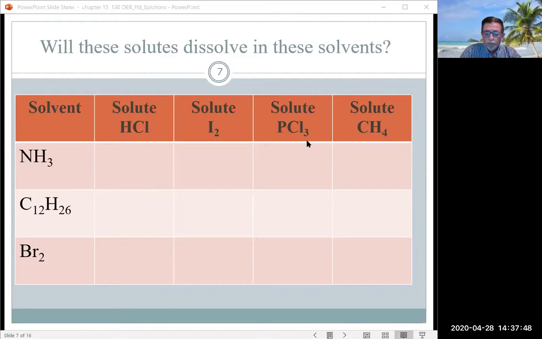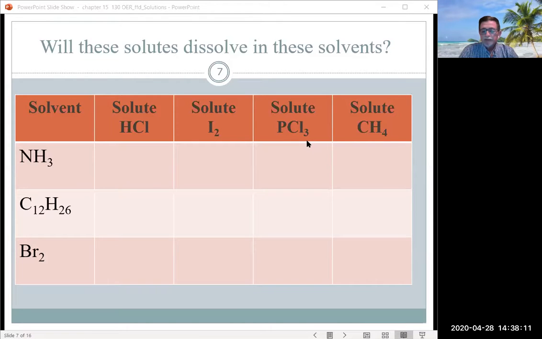And then we have bromine, Br2, in the bottom left corner. As the solutes, we have HCl on top, and then iodine, and then phosphorus trichloride, PCl3, and then another hydrocarbon, CH4, otherwise known as methane.